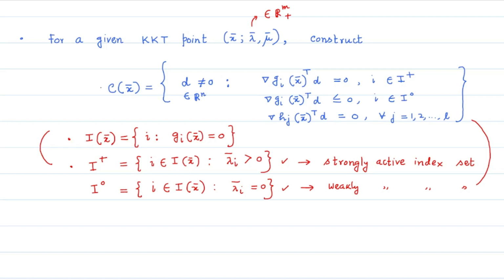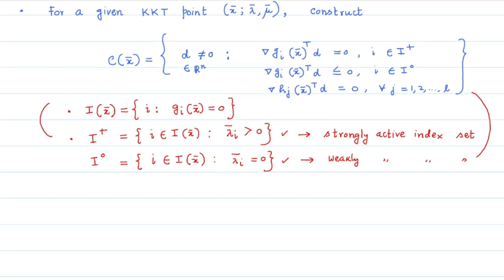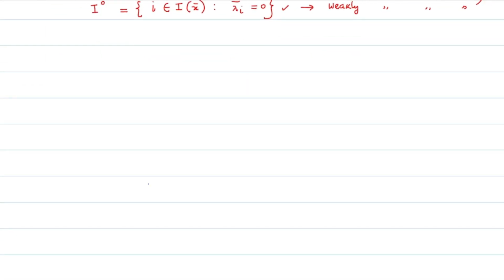And after constructing this set of spatial directions, those non-null directions which satisfy all these three conditions, I now go for writing out the KKT necessary and sufficient optimality conditions in the second order. The KKT second order necessary optimality condition is as follows.